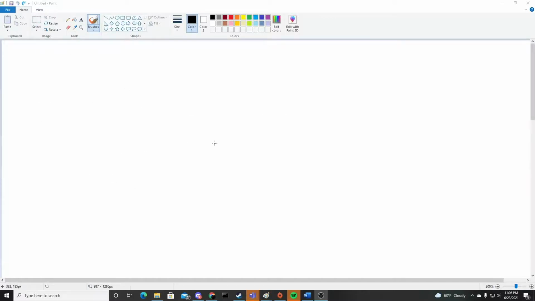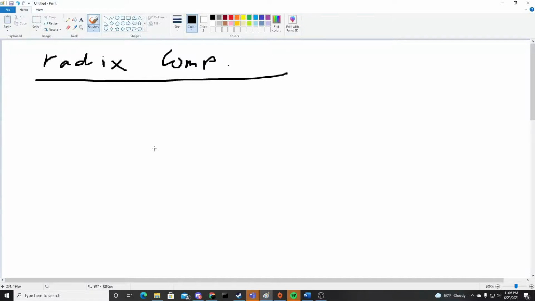So how do we go about calculating the radix complement? Let's write down radix comp. How we do that is, let's work in base 10 for an example to start off.